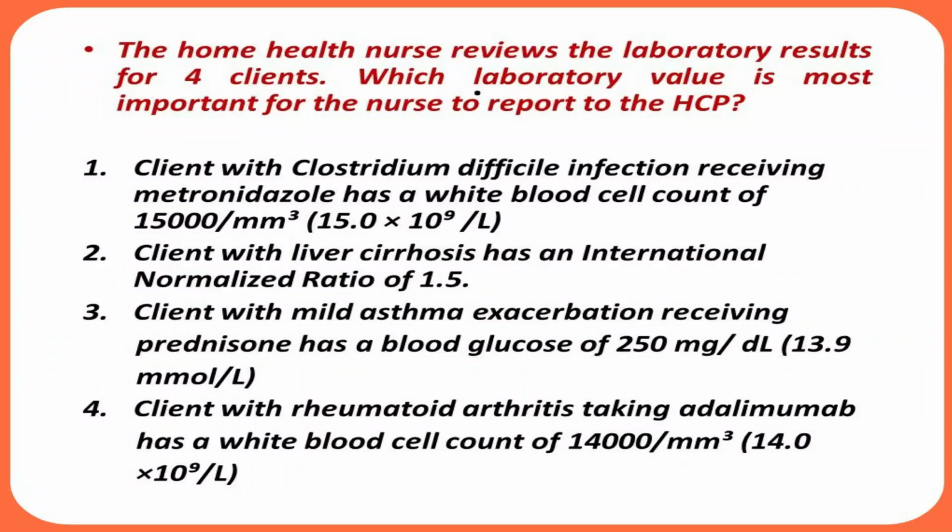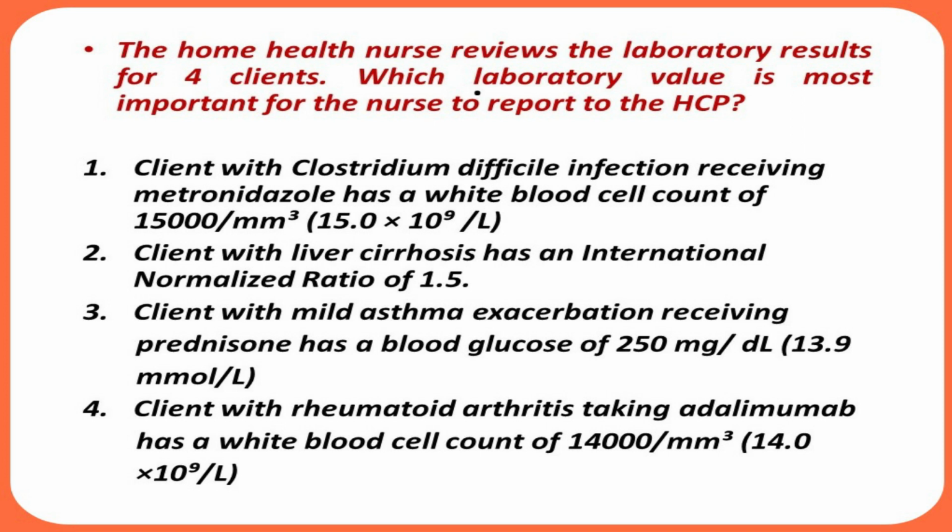So when the client has liver cirrhosis, proper clotting factor production will not happen, and the chances of bleeding might be more. In that scenario, the INR value of 1.5 is an expected finding. It's not something very urgent to inform to the healthcare provider, so we can eliminate option 2 also. Now we have eliminated 2 options and have only 2 more.